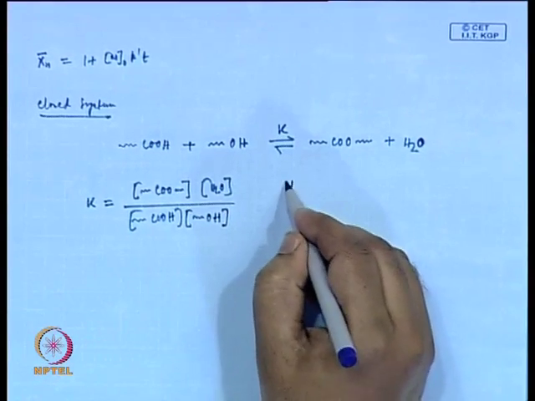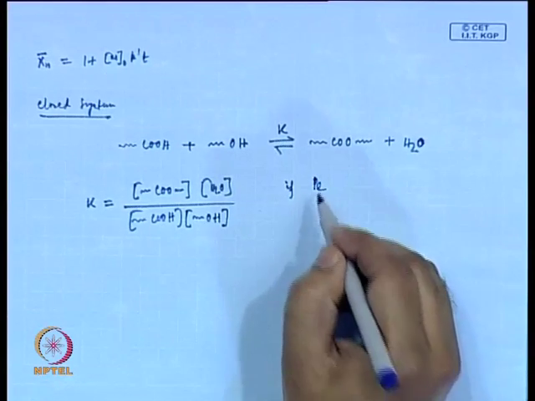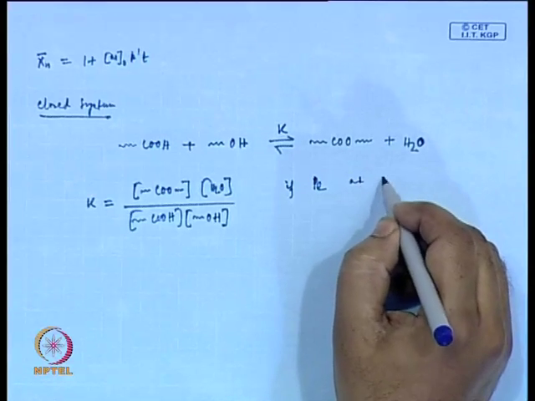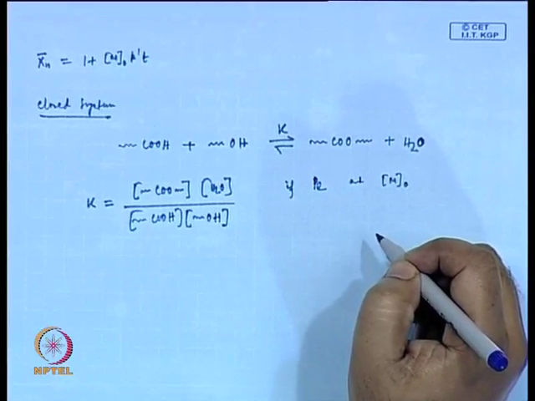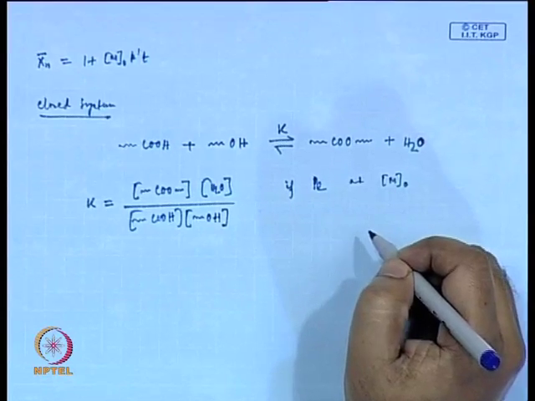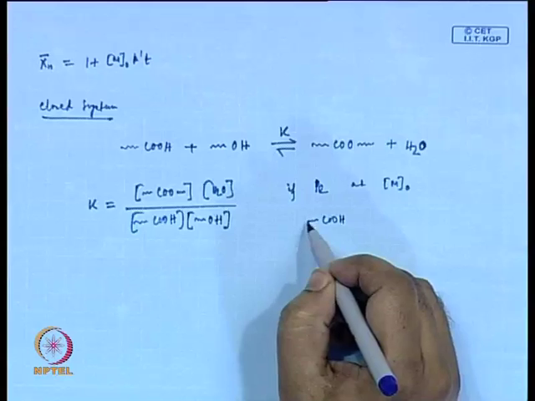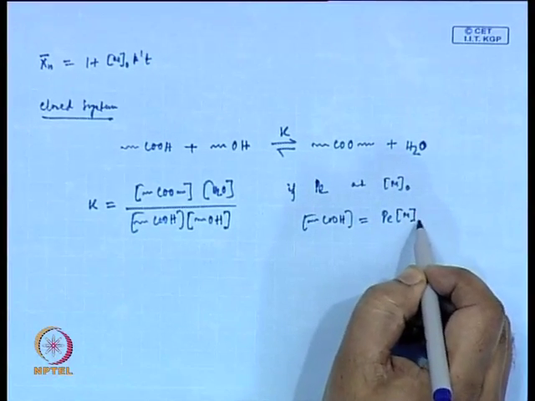if the conversion at equilibrium is say Pe in this case, and M0 is the monomer concentration at the beginning at T equal to 0, then at equilibrium what is the concentration of COOH?